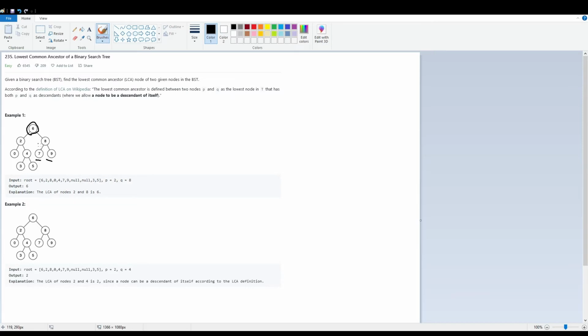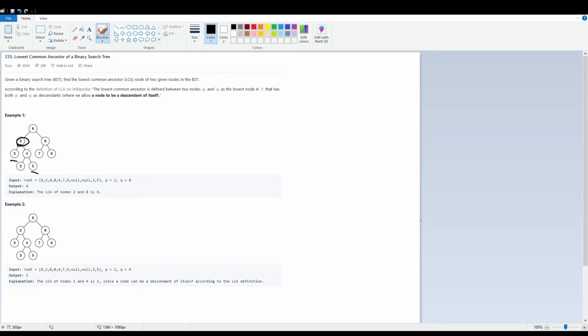And if P and Q are on one side of a node, either the left side or the right side, that means we can do better. We can find an even lower ancestor. So in this case, the lowest common ancestor is 8. Similarly, for 0 and 5, 6 is an ancestor, yes, but it's not the lowest. 0 and 5 are exclusively on the left side of 6, so let's go lower, to 2. 0 is on the left side, 5 is on the right side.